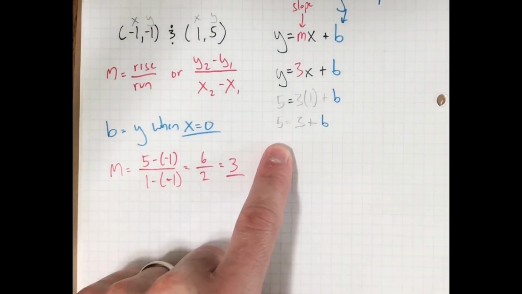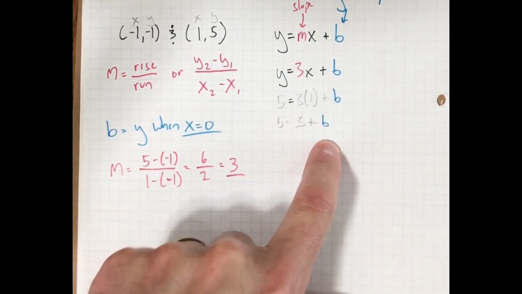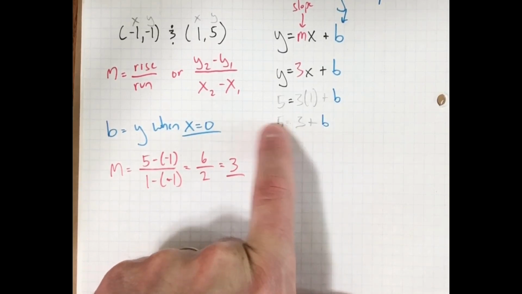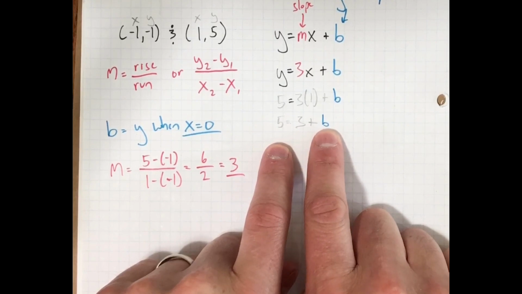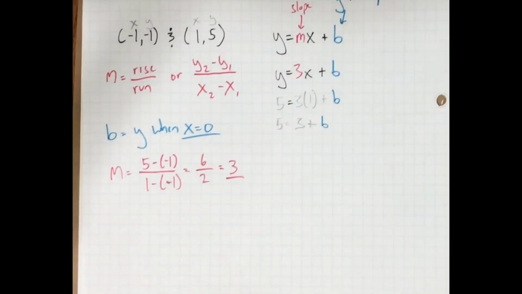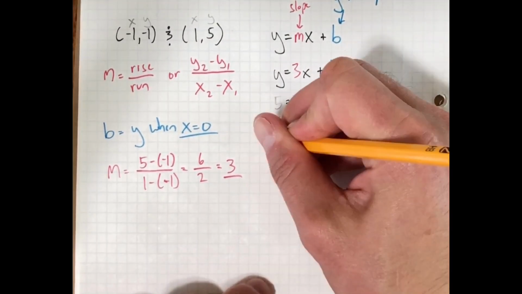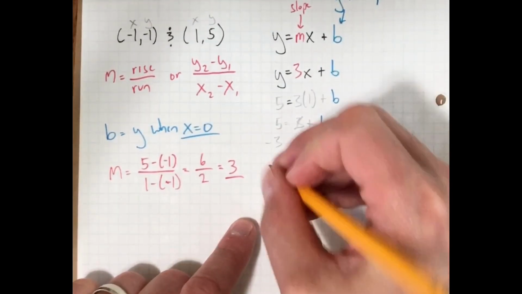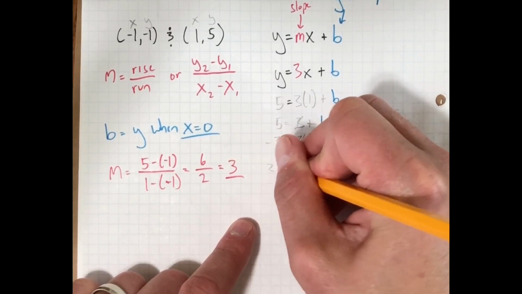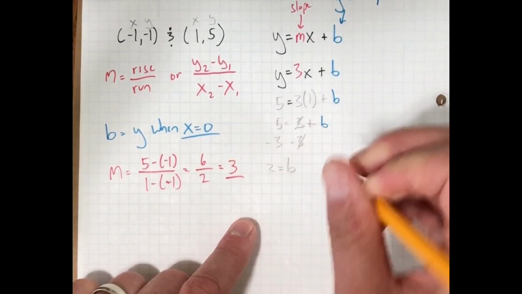And if I'm using algebra to get the b by itself, I'm going to subtract 3 from both sides. Or hopefully at this point you can just tell 3 plus 2 is 5. I know that b is going to be 2, but just for kicks, let's subtract 3 from both sides. This cancels. I have 2 equals b.